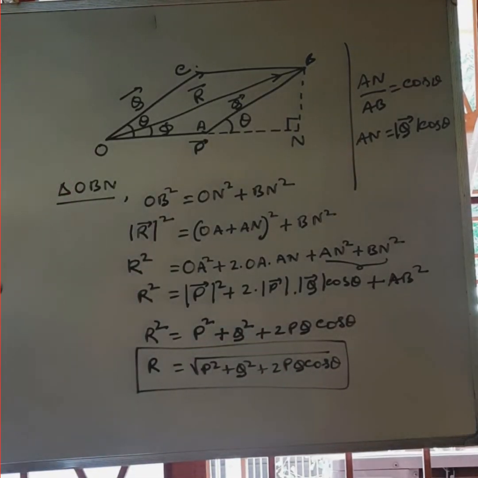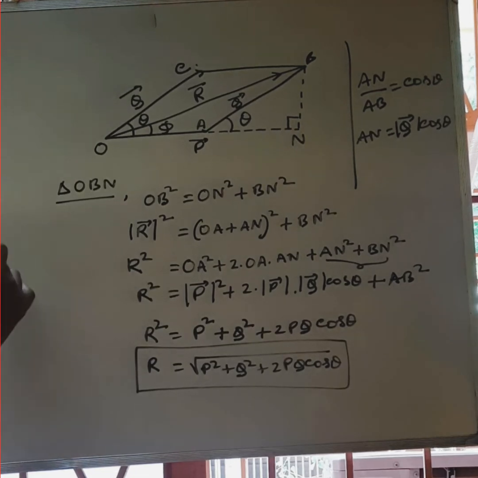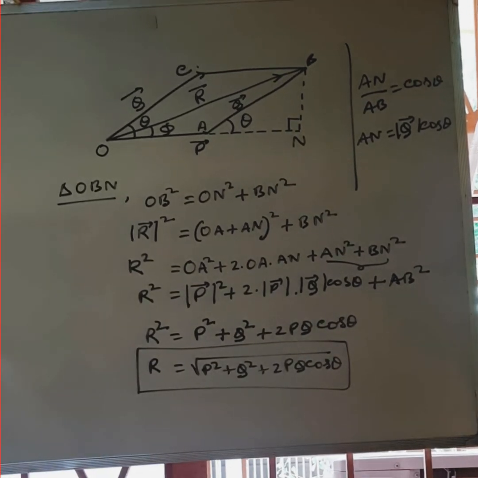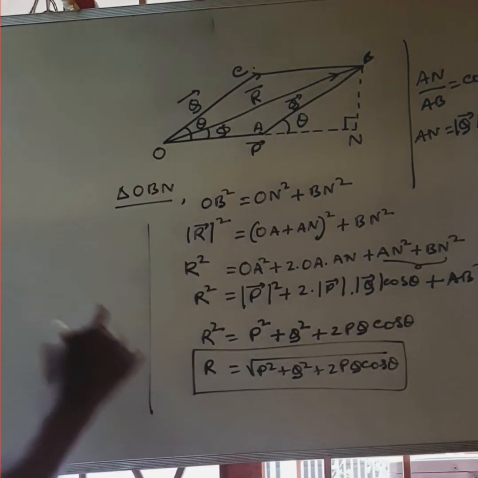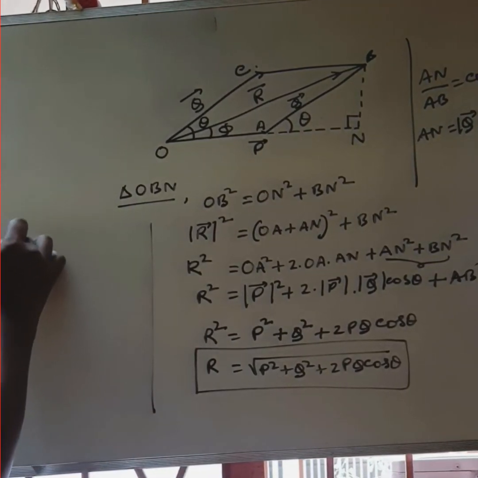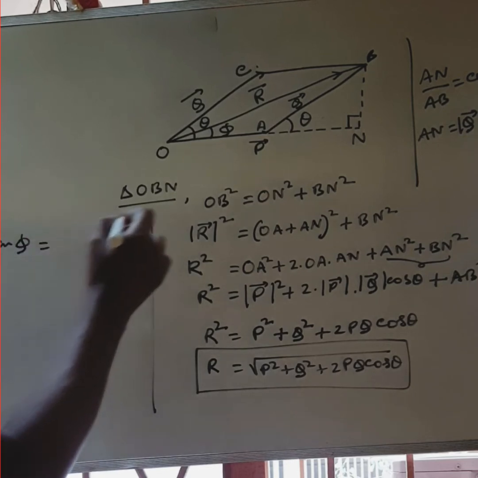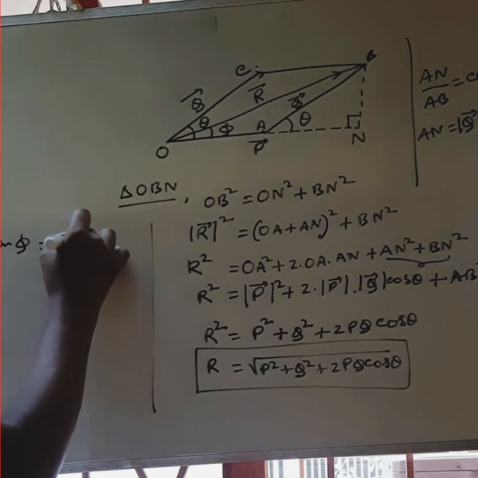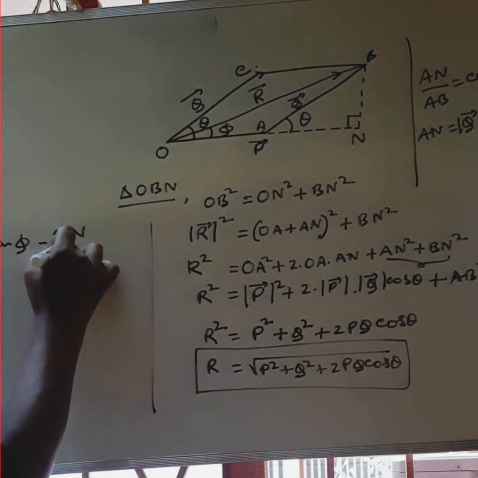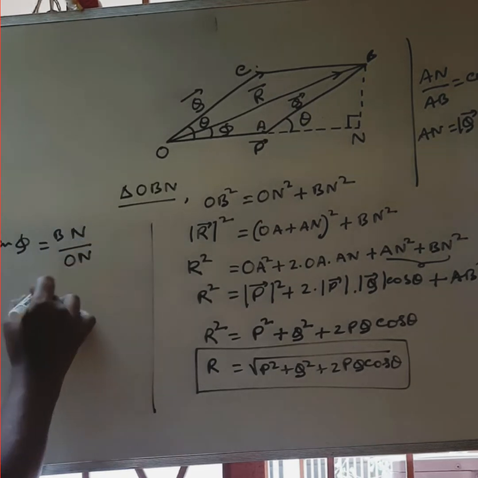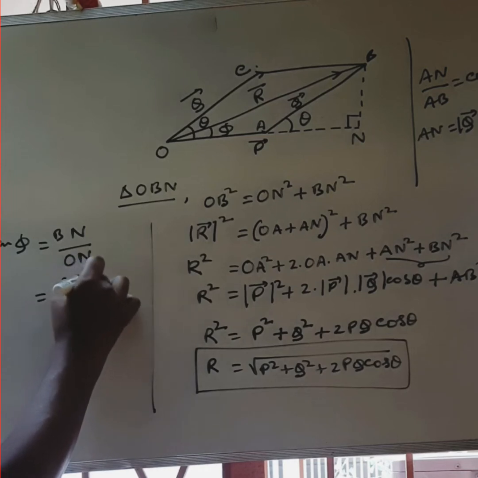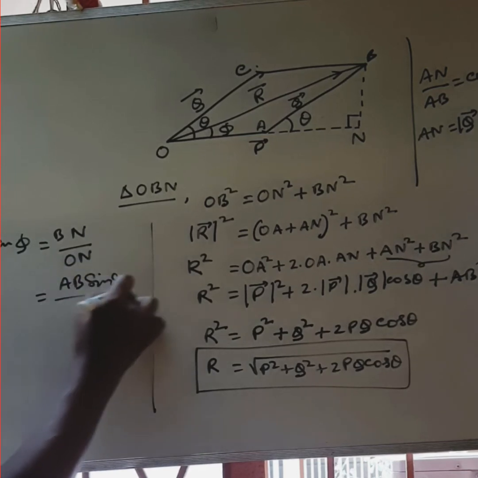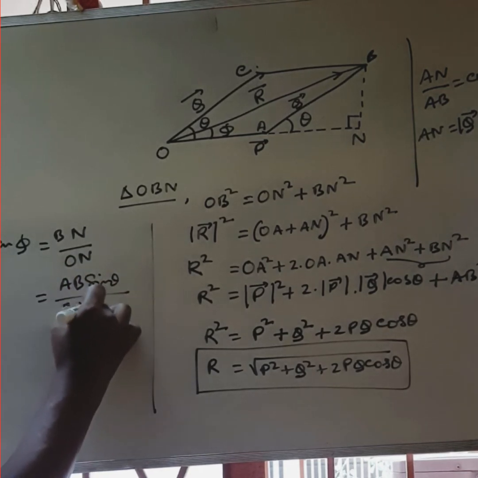Now the angle. How can you get the angle? You can write here, tan phi equals perpendicular by base. So you can say BN by ON. BN equals AB sine theta, by OA plus AN.